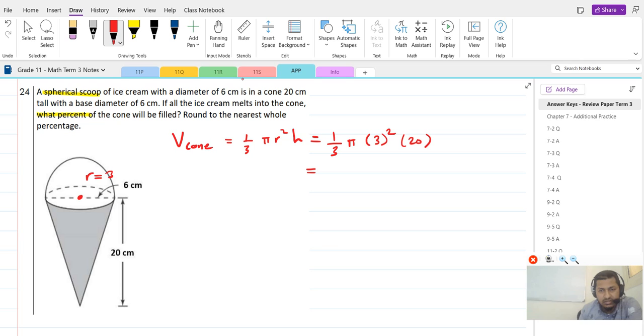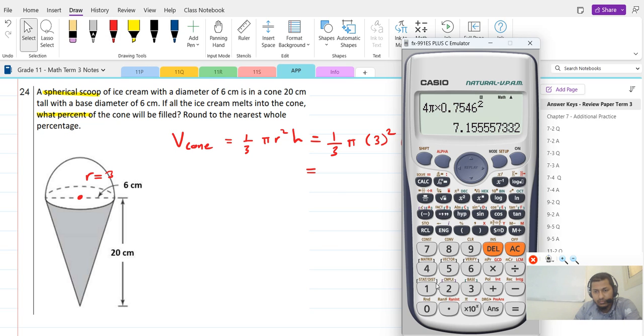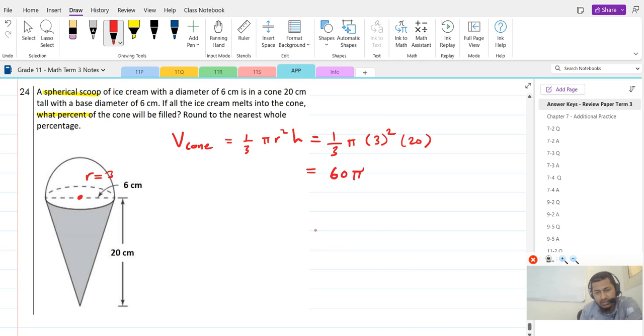So we will get an answer here, which is 1/3 shift pi times 3 squared times 20. I've got a nice answer, 60 pi, right? Leave your answer like this, 60 pi. You may round off if you want. And volume of a sphere is 4/3 pi r cubed.